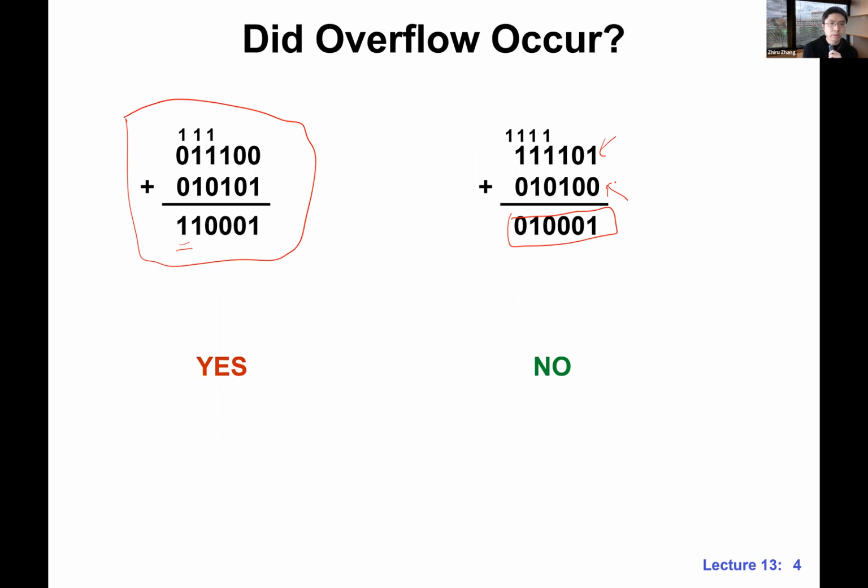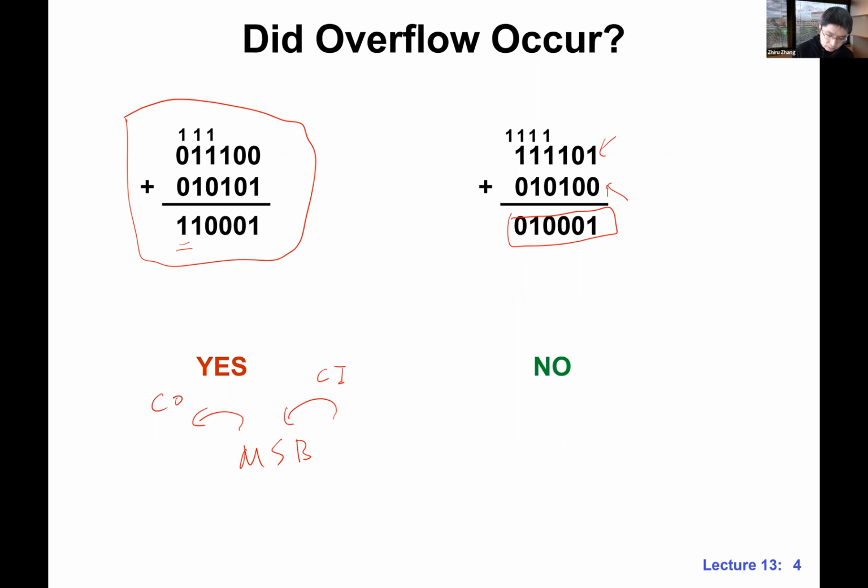Again, no overflow here. We also talked about the other test, which is more efficient in hardware. We look at the MSB, and we look at the carry in. In this lecture, we'll see a lot of shorthand. Let's use CI to indicate the carry into the MSB, and CO to indicate the carry out from the MSB. If these two are different, we're saying that there's an overflow.